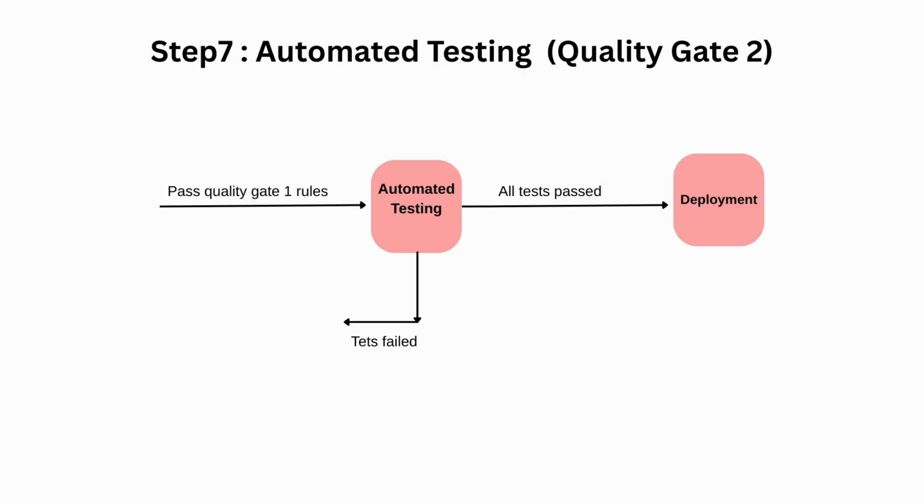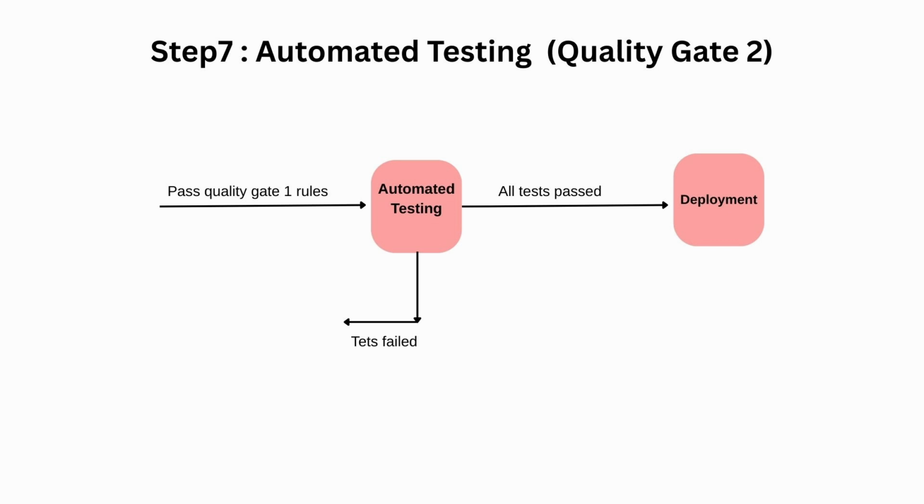Once the code passes the build stage, it faces the next guardian, automated testing. Here, the pipeline runs a series of unit tests to check small pieces of code and integration tests to ensure those pieces work together smoothly. The development team and testers watch over this stage, making sure the system behaves as expected.